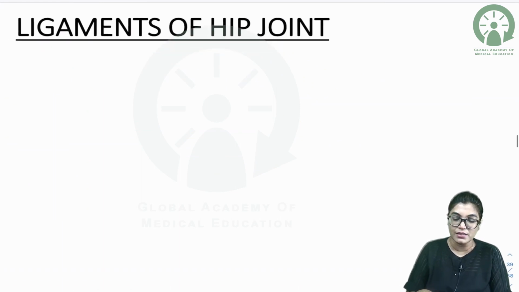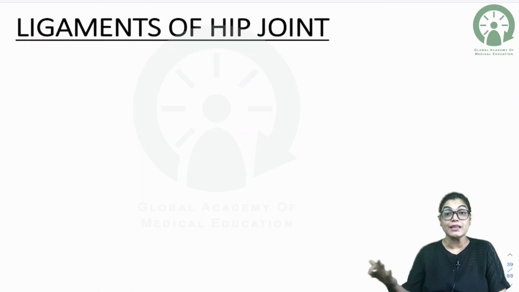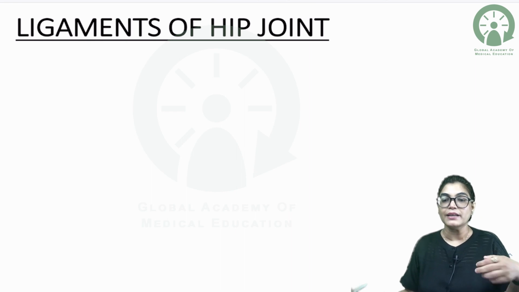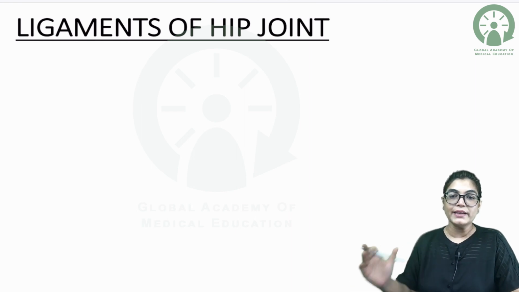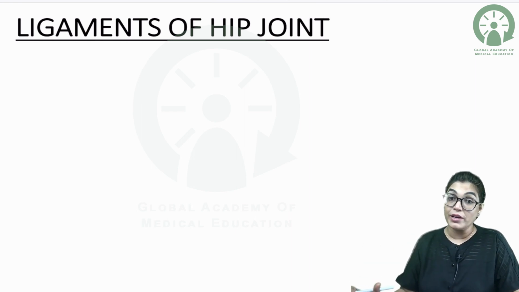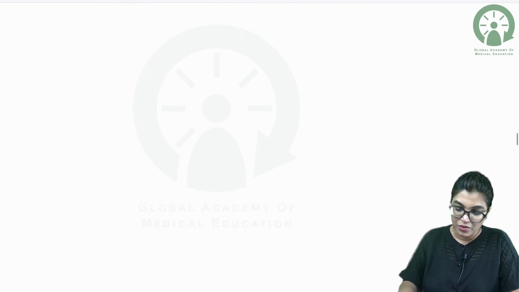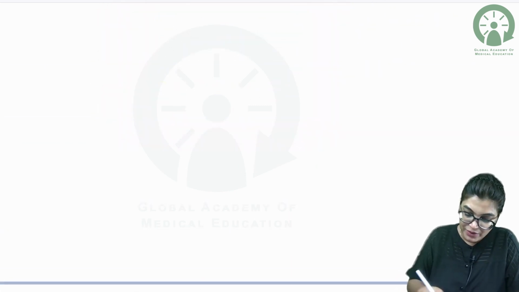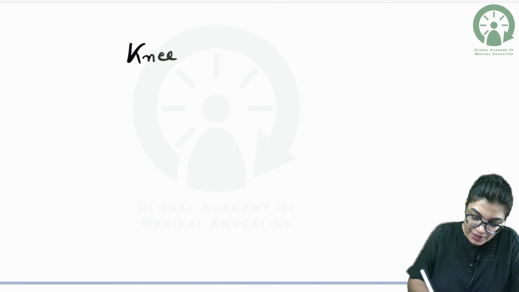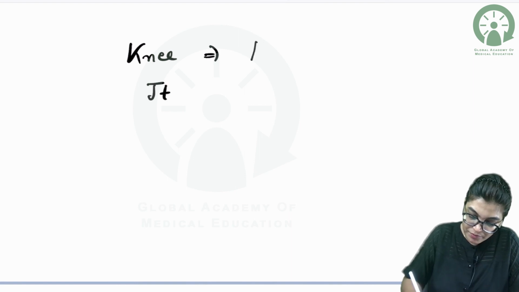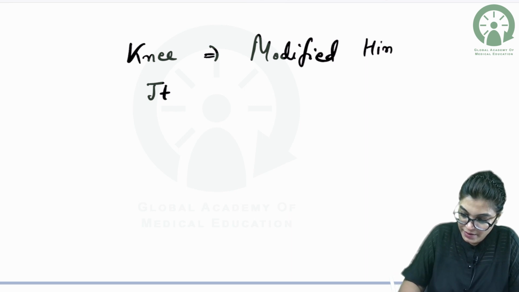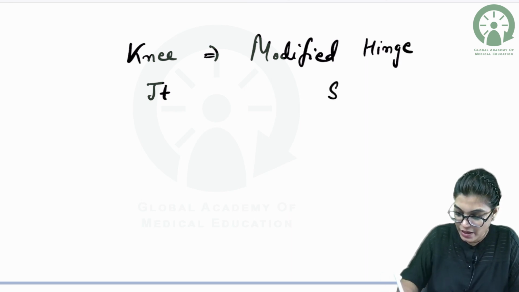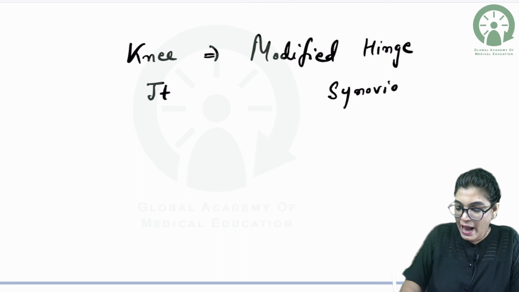Now, let's talk about the next joint. Okay, knee joint and hip joint. One important point is that you should know what type of joint the knee joint is. It's a modified hinge synovial joint. I didn't tell you this earlier because I thought everybody knew it.